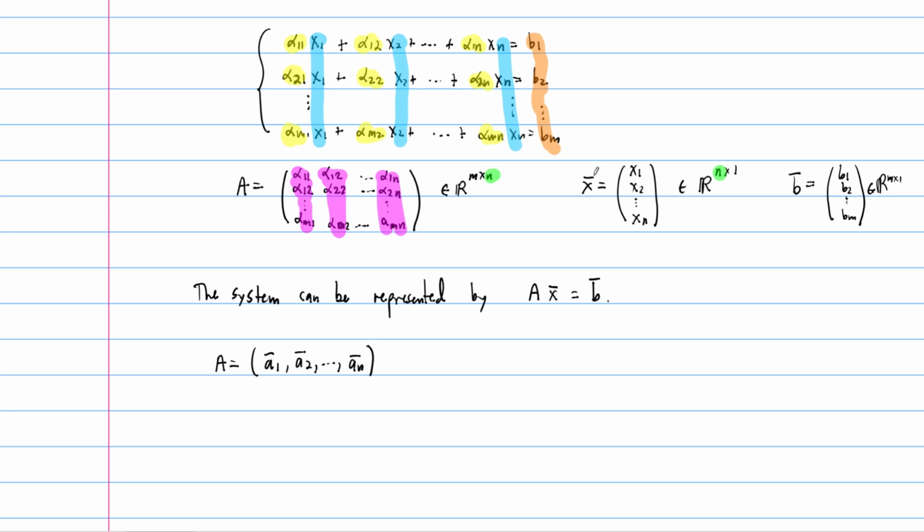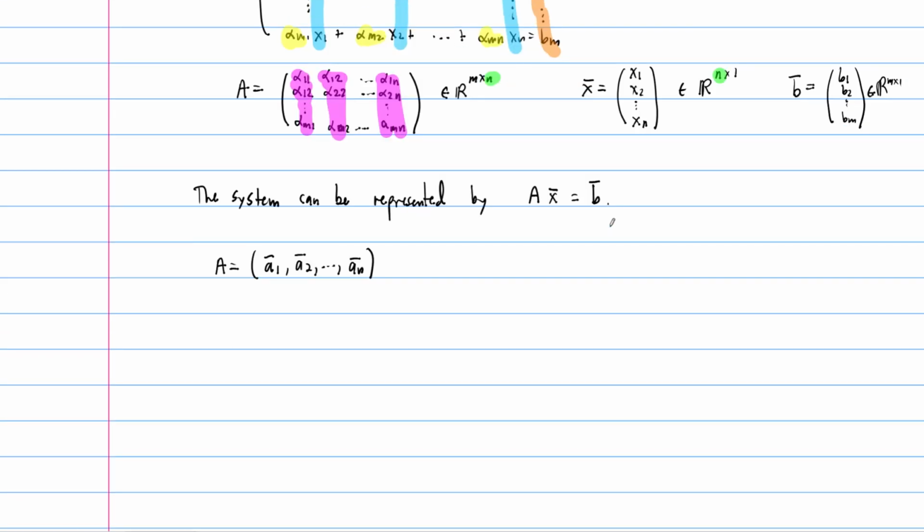And then if we multiplied that by x with this in this form, let's see what would happen, right? So these are real number entries. These are column vectors. So in this case, then, A times x is equal to A1, A2 through An times x1, x2 through xn. Again, these are real numbers.